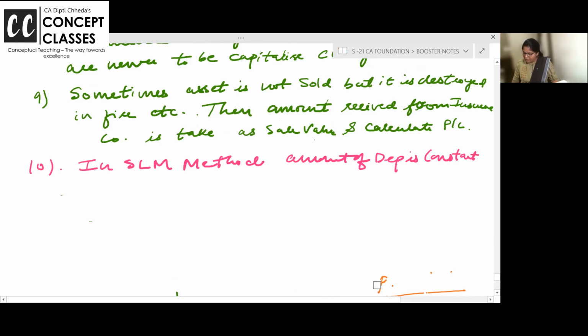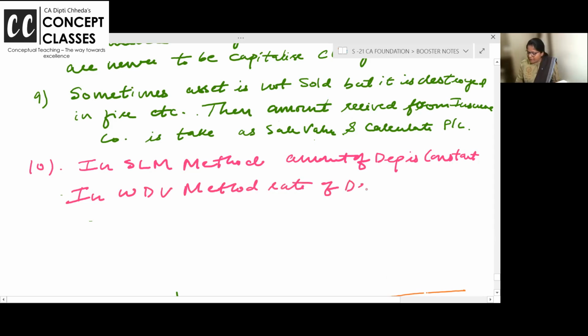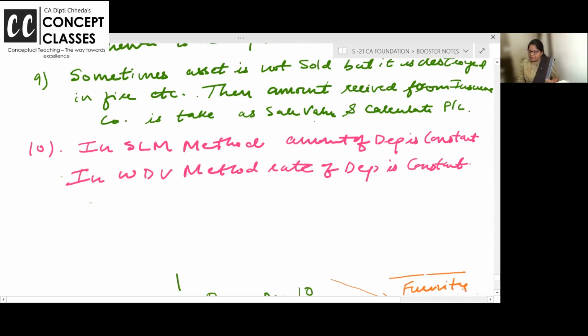Have you all written it? Okay. Amount is constant, or rate of the depreciation is constant.